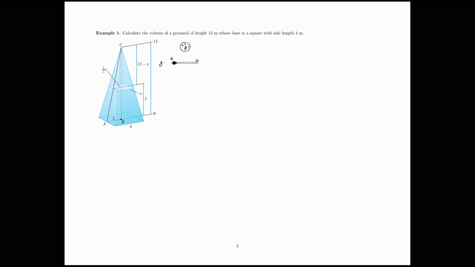So our goal here is to not assume a particular value of y, but just work with y left to be arbitrary.